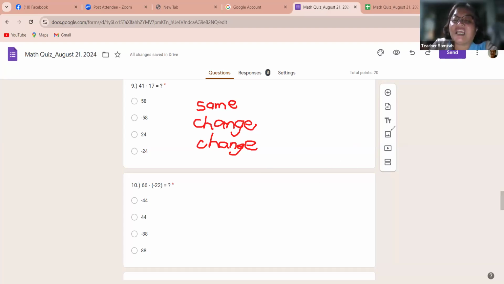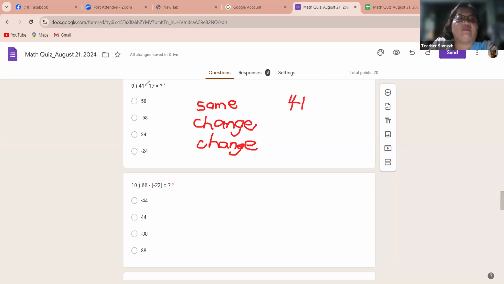Shitya, what is the first integer for number 9? 41. Okay, very good. That is positive 41.